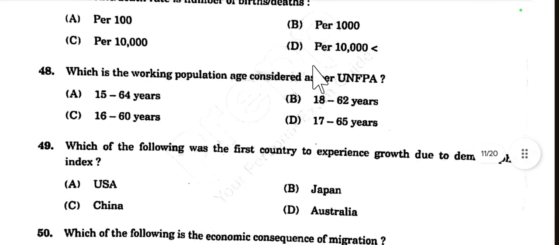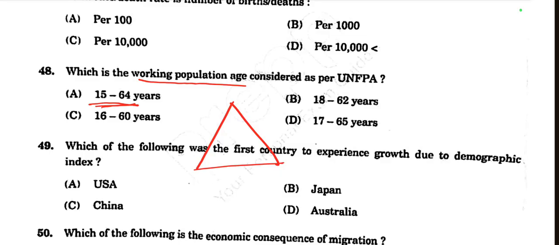Then question number 48, which is the working population age considered as per UNFPA? Working age 15 to 64, 18 to 62, 16 to 60 or 17 to 65. This is 15 to 64.